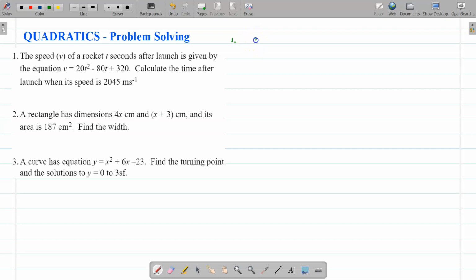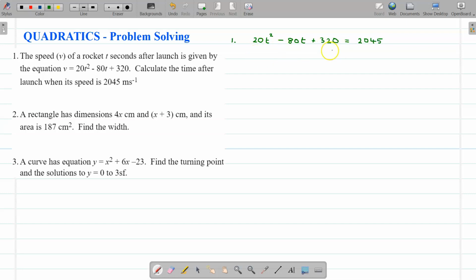So we set up a quadratic equation that looks like this: 20t squared minus 80t plus 320, and that will give us the speed, which is 2045, like that, 2045.